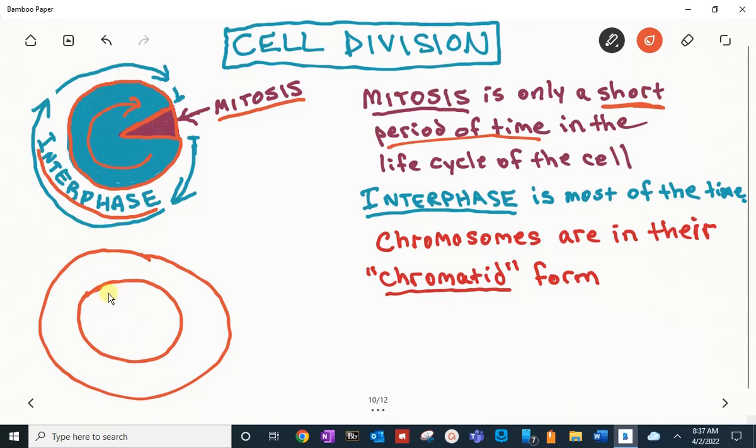And instead of mom's number one, dad's number one, mom's number two, dad's number two, instead of these chromosomes being like this, like we saw in that previous picture, when the cell is in interphase and it's not dividing in the mitosis phase, these chromosomes are all unwound.